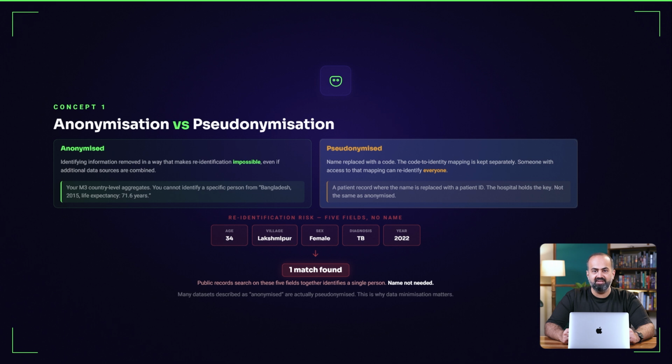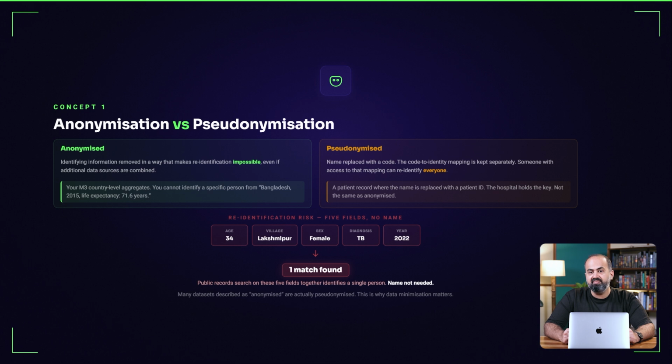Pseudonymization replaces identifying information with a code while keeping the code to identity mapping separately. For example, a patient record where the name is replaced with a patient ID number is pseudonymized, not anonymized. Someone who has access to the hospital's ID register can still re-identify every patient.